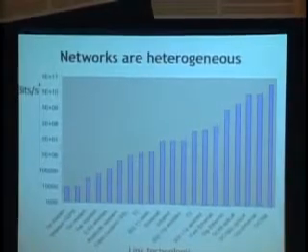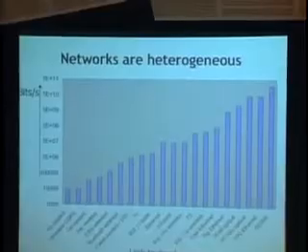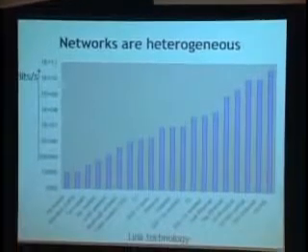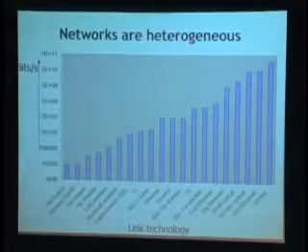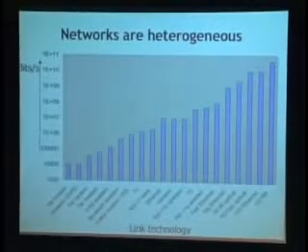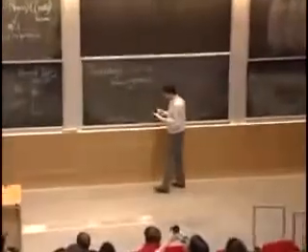So 1 times 10 to the 10th. So we're talking about a factor of 10 to the 7th or 10 to the 8th difference in performance in terms of the number of bits that these different kinds of devices can actually transmit. So that's pretty dramatic, and that's going to make it difficult to design computer systems.